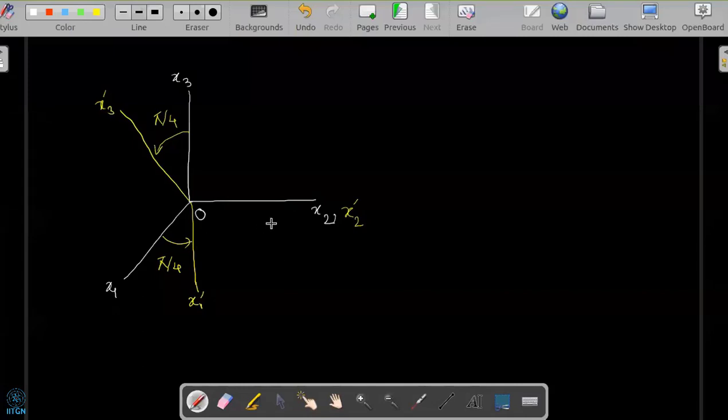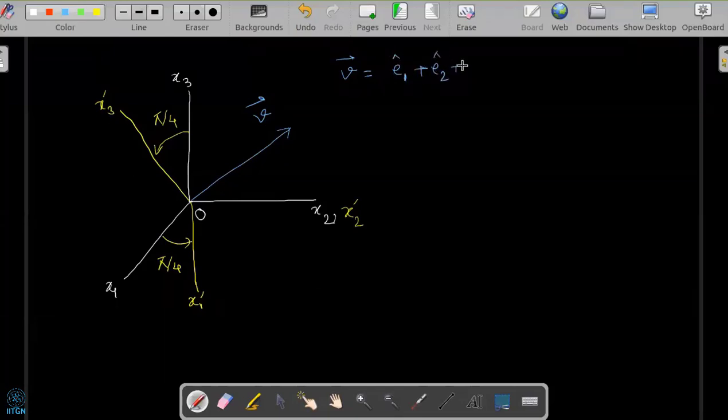Okay. Now a vector is given in this axis, whatever the set of axes. The vector v is expressed as e1 cap plus e2 cap plus e3 cap with respect to the old set of axes.